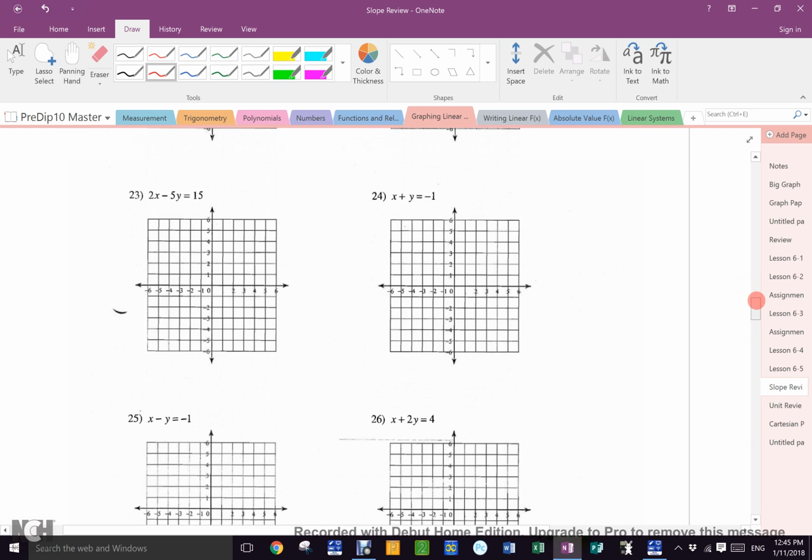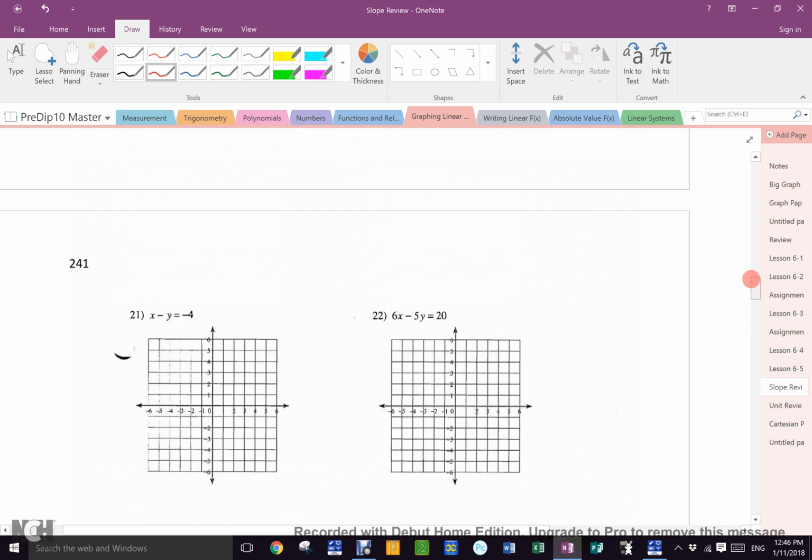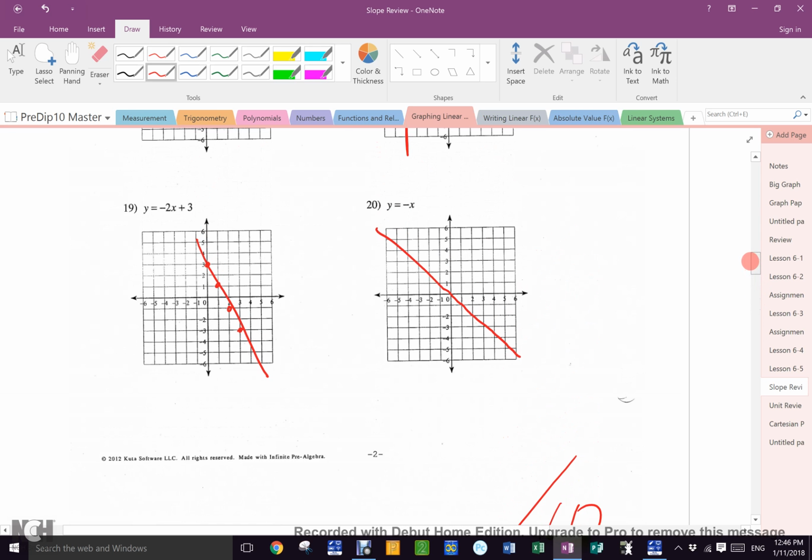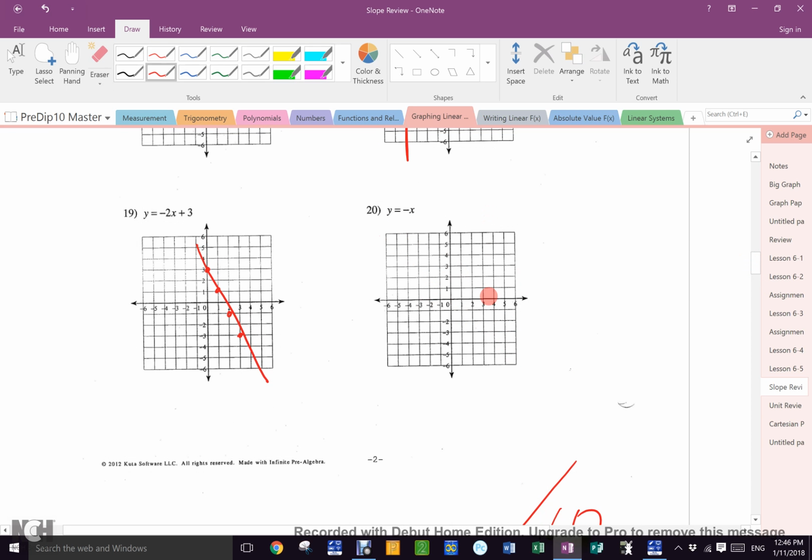These graphs are all worth 2 because you had to do something to them. What is the number that is with x? It would be a 1. There's a negative in front of it, and y is by itself, so that must mean the slope is -1, right?